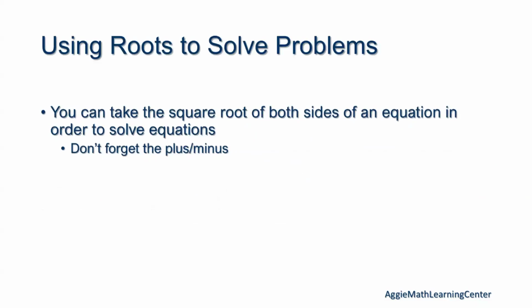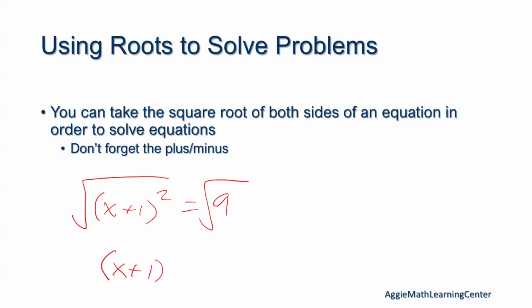When it says extracting square roots, that just means you might have something like this, so then you can take the square root of both sides. The one important thing with these is you want to make sure to have plus and minus.